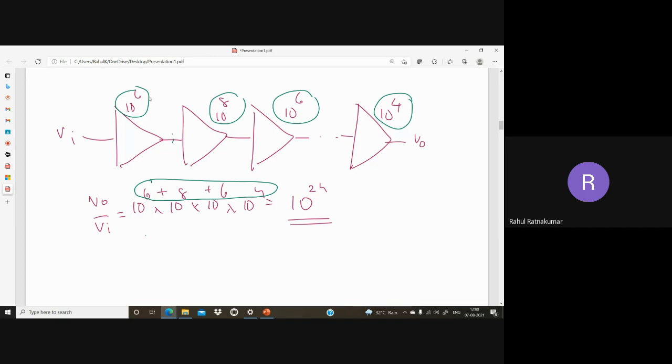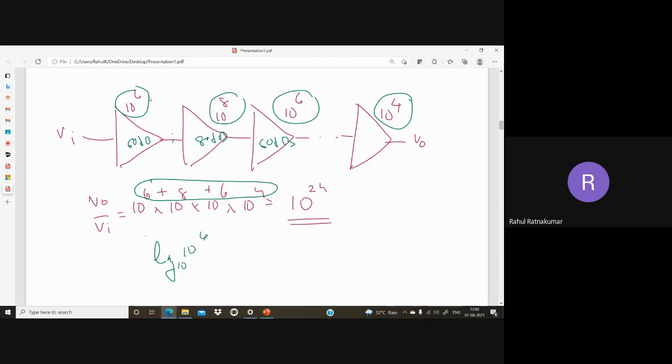Let me express the gain of an amplifier in terms of dB. I can express a gain of 10 raised to 6 as 120 dB or something like that. So what will happen if you take the log to the base 10 of these things?